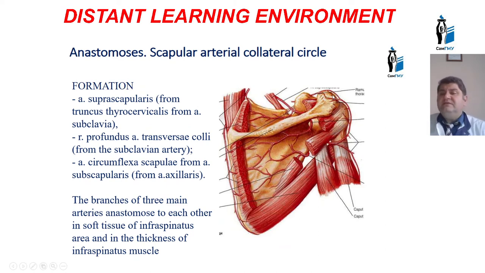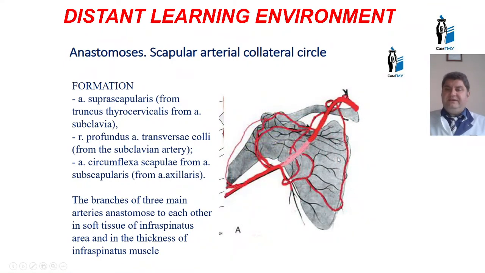It also forms an anastomosis with the deltoid branch of the thoracoacromial artery, and it gives a branch for the humerus bone. Now you can see that it also gives branches for muscles of the free upper limb, such as the triceps muscle, and you may see the caput of the triceps muscle here.